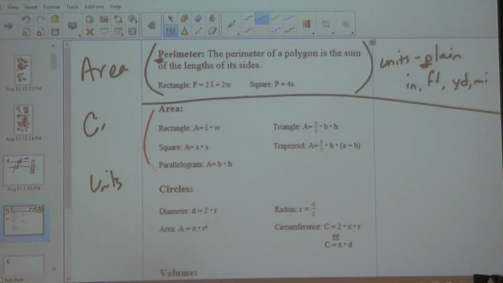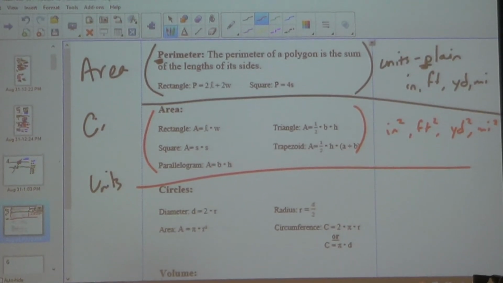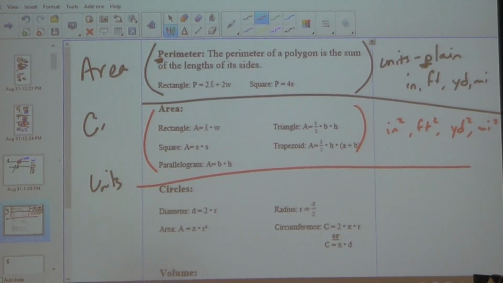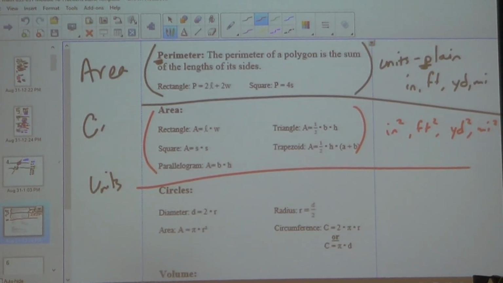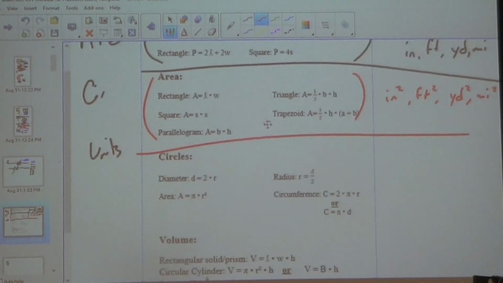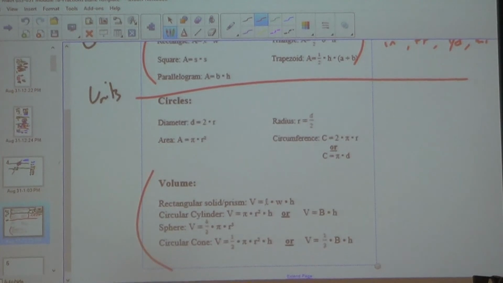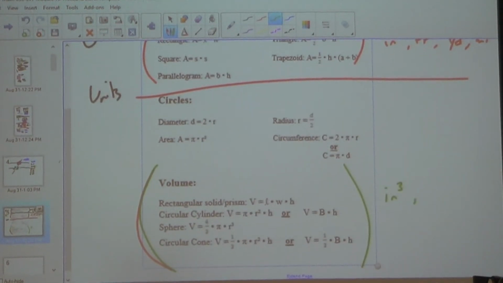Area: inches squared, feet squared, yards squared, miles squared. Area is like the area rug, your area on your floor. If you go in your kitchen, you have square tiles. Square, area, square. Then you come down to volume. Volume, different color. Volume is cubed.